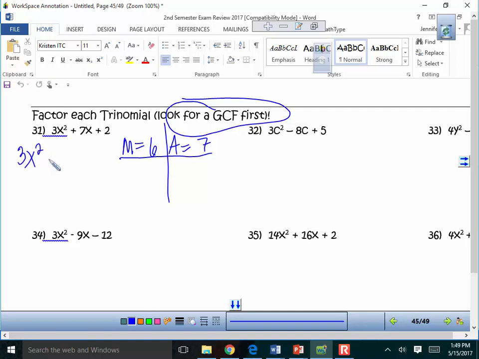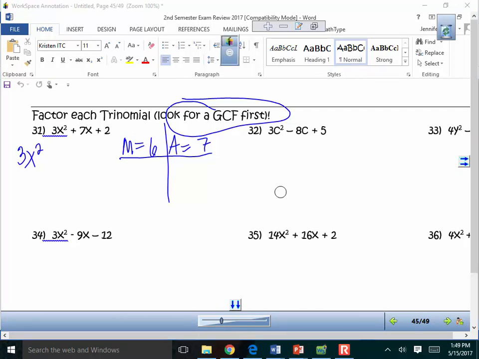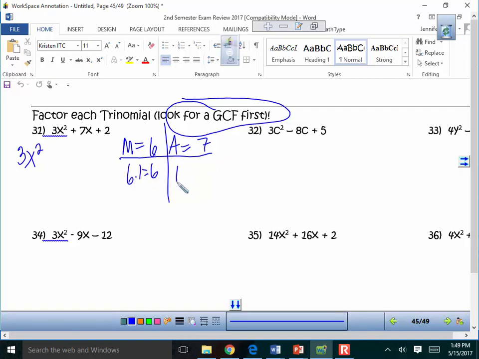So we have 3x. What are the two numbers that multiply to give us a product of 6 and add to give us a sum of 7? 2 and 3. I tried that, that's not going to work, though. 6 and 1? Well, let's try it.